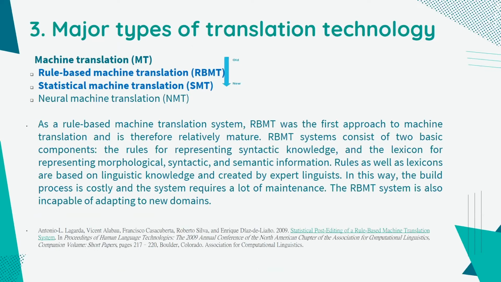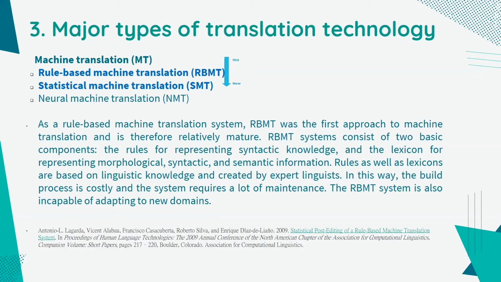At first, we'll introduce rule-based machine translation because it was the first approach to machine translation and is relatively mature. It consists of two basic components: the rules for representing syntactic knowledge and the lexicon for representing its morphological, syntactic, and semantic information.